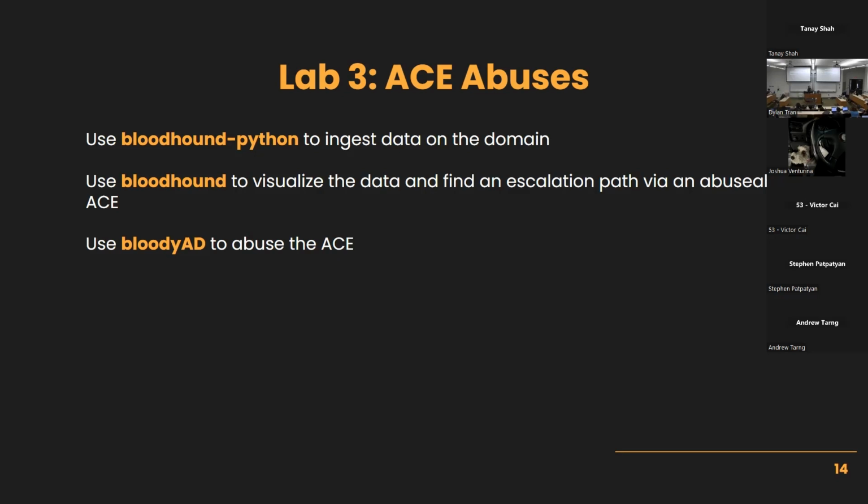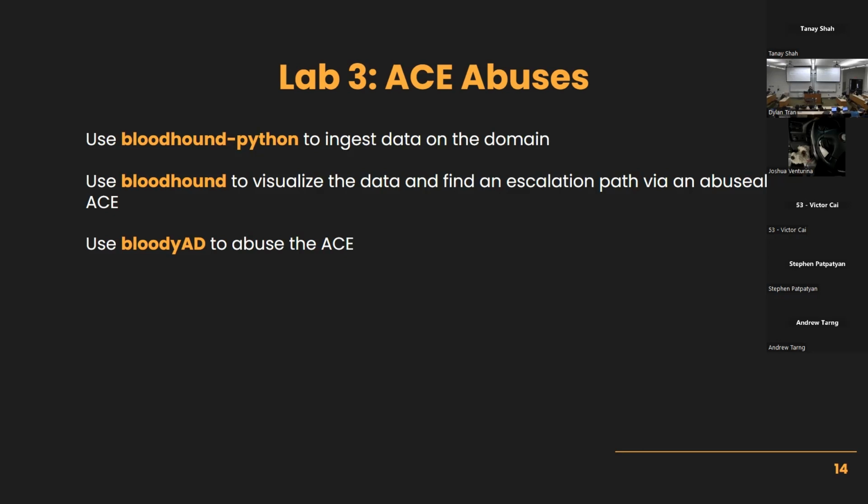The tool BloodHound actually visualizes that information for you. So BloodHound Python gets you a bunch of JSON. If you know what JSON is, it's a bunch of text and no one wants to read all that. But monkey-like picture, right? I like looking at things. So we're going to use BloodHound to visualize that data for us, find those relationships, and visualize the paths that we can use to escalate within the domain.